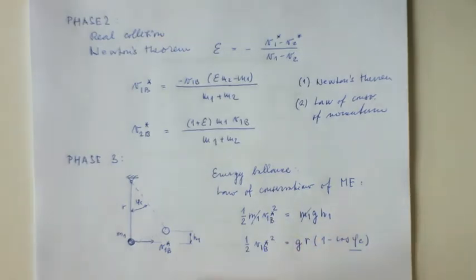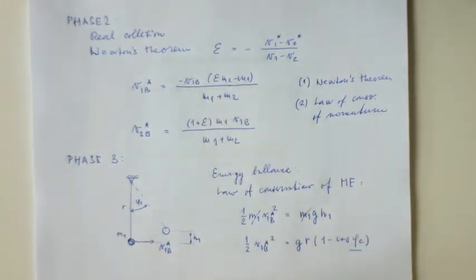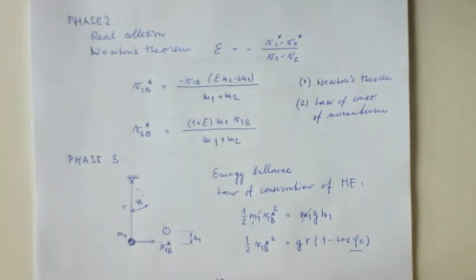We can say that v1b is epsilon times m2 minus m1 over m1 plus m2, and the square root of 2 g r 1 minus cosine phi c.